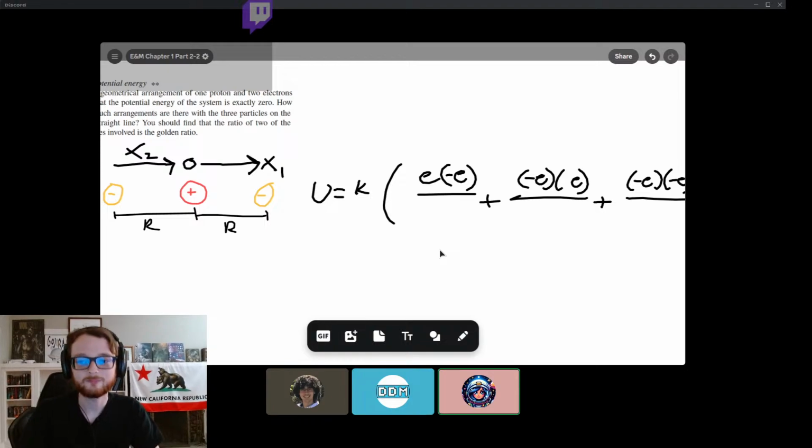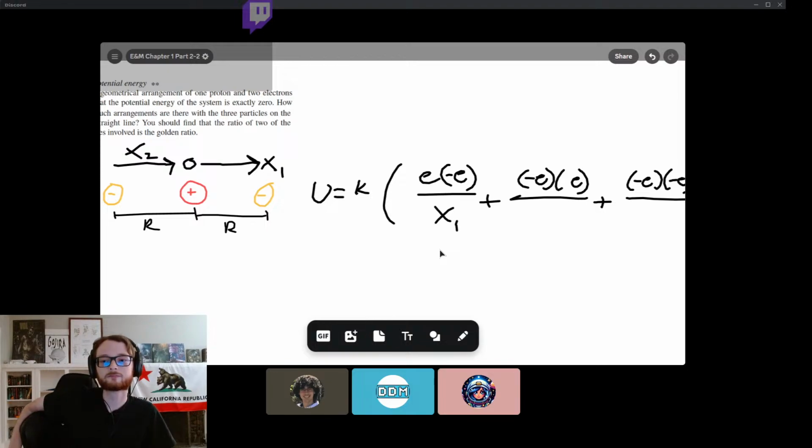It'd be x1. Yeah, just the next one, I think. And that's between the proton and the electron. And between the proton and the other electron, it's x2. I don't know how you want these, absolute values or no. I'm going to put them in absolute values. Yeah, why not? Just because.